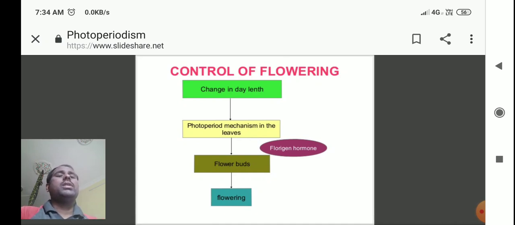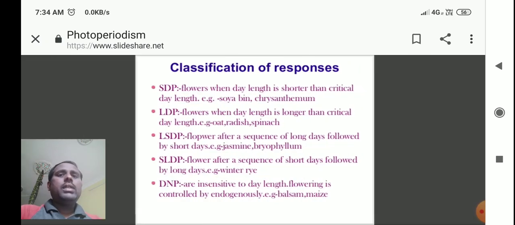This is the schematic diagram for understanding photoperiodism. Then comes the classification of photoperiodism.